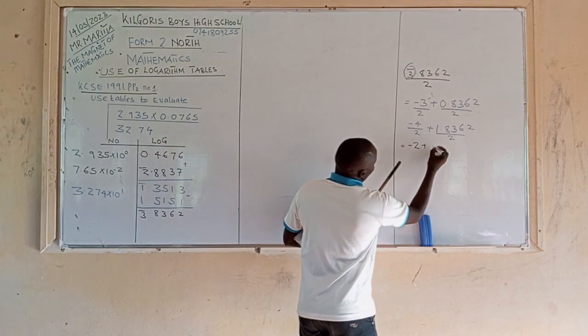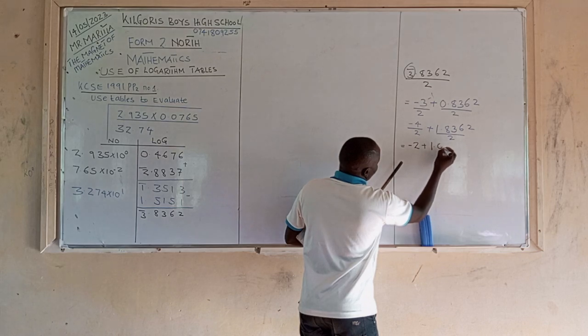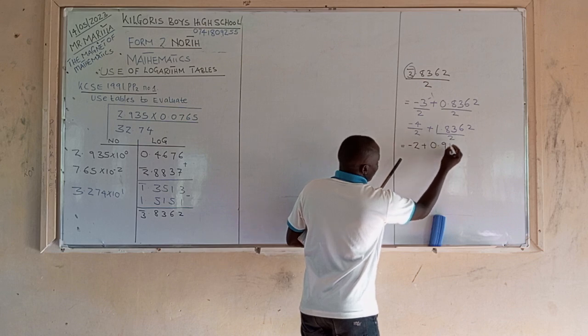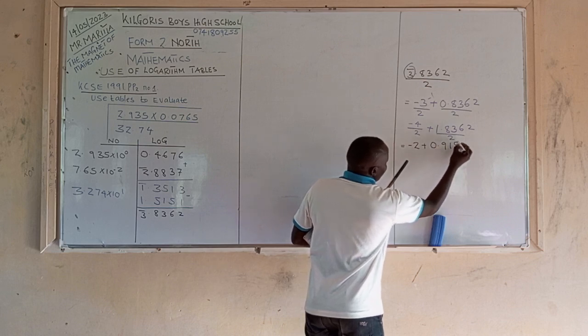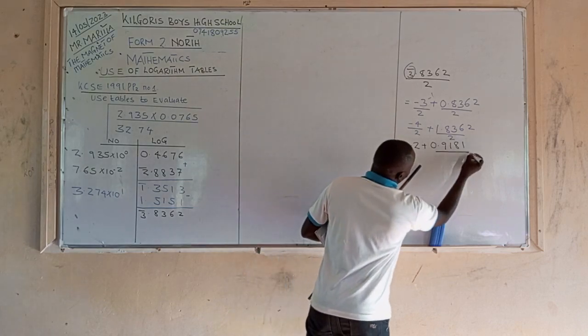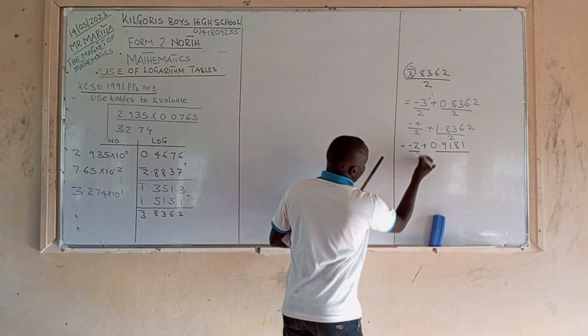We get 0.9181. So we can have now here, this is the mantissa side and this is the characteristic.